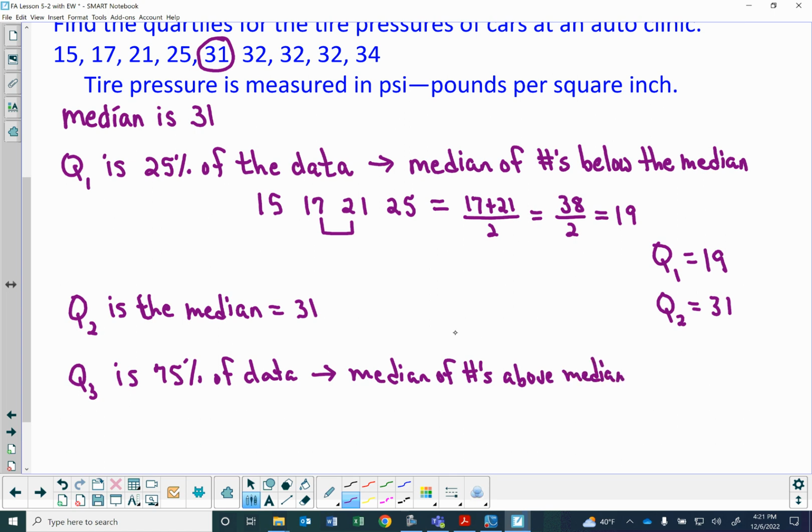So we are looking at 32, 32, 32, 34. You take the two middle numbers, add them together and average them, but they happen to be the same number. So therefore, Q3 has to be 32.